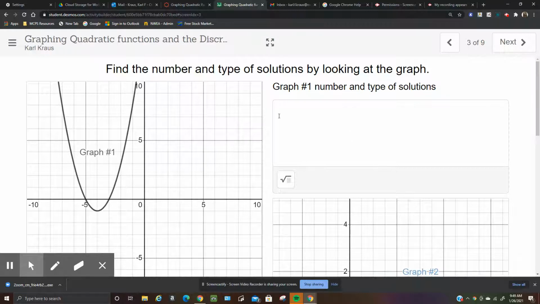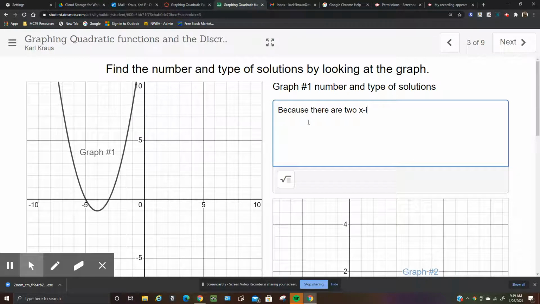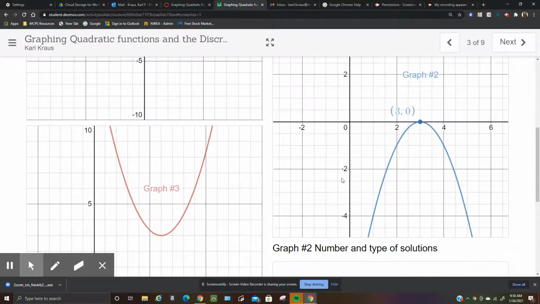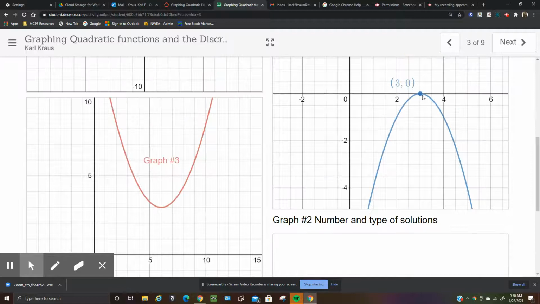And then find the number and type of solutions by looking at the graph. Because there are two x-intercepts, there are going to be two real number solutions. Number two, there's just a vertex on the x-axis, so one intercept.